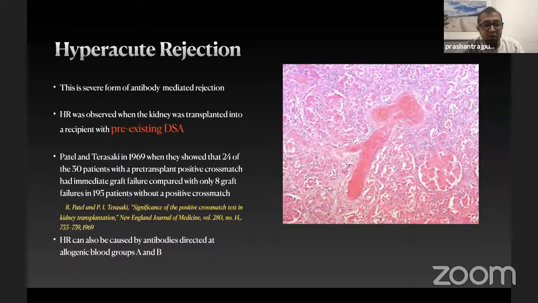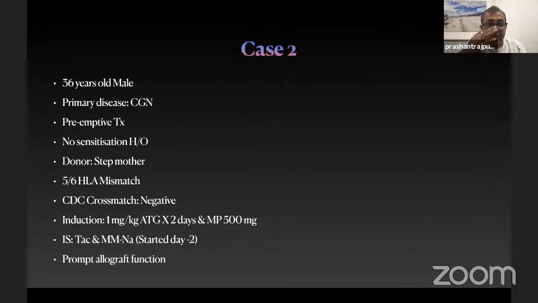This is a very significant observation, and this was the basis of the most important test as far as transplantation is concerned. Hyperacute rejection can also be caused by antibodies directed to allogeneic blood groups A and B. In our experience of ABO incompatible transplants, we have not seen even a single patient developing hyperacute rejection because of ABO antibodies.